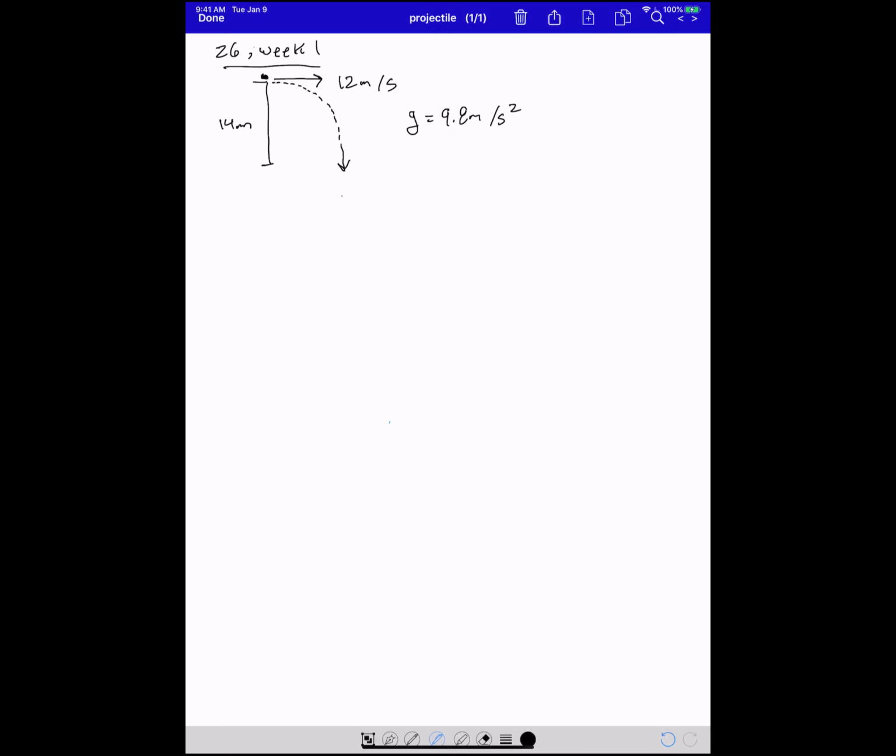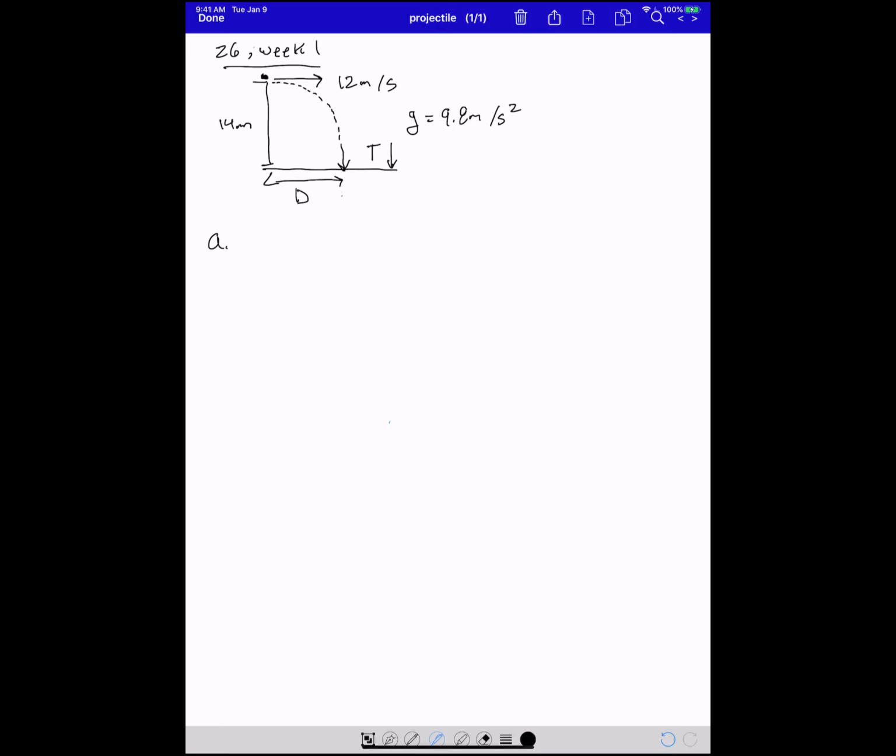And so what the question is asking us is, A, how long does it take, the time, for the ball to hit the ground? And then B, how far has the ball traveled in this horizontal direction away from the building? So this is the problem. This is how we've laid it out, and we've written down everything that was given to us. And so let's do this.